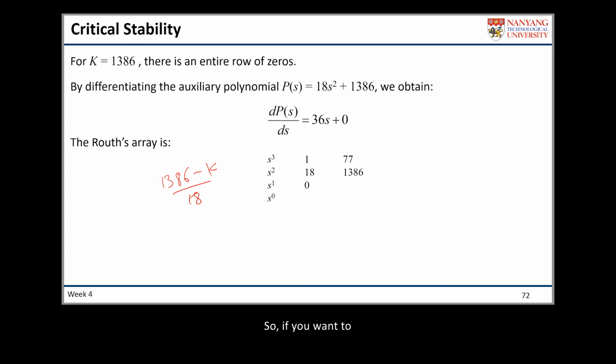If you want to solve this, you can solve it either using the approach of the first special case or the second special case. I will try to solve it using the approach that we discussed in the second special case, using the auxiliary polynomial.